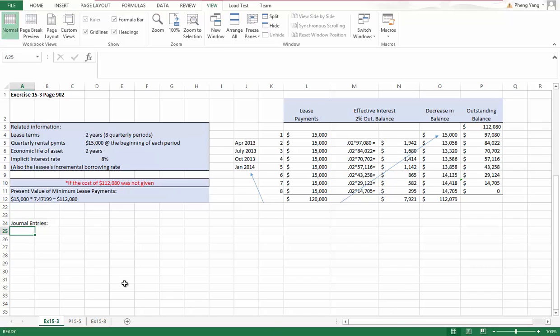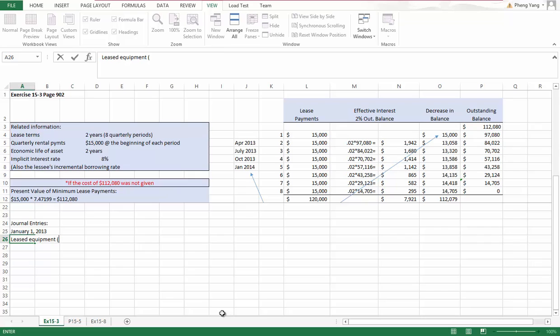Okay, so for my first entry, for January 1st, 2013, we're going to make the lease entry for the equipment. So I'm going to debit lease equipment. Not every company is going to have that same account; it's going to somewhat be associated to leases, something like this. This is just what we're going to call it.